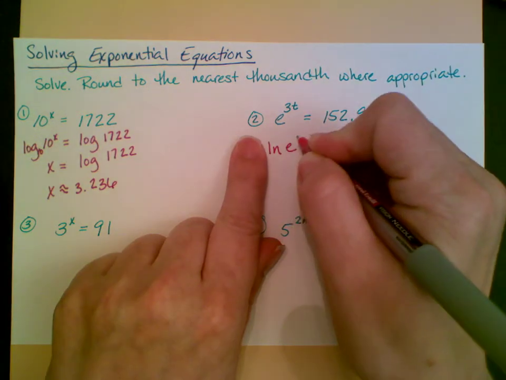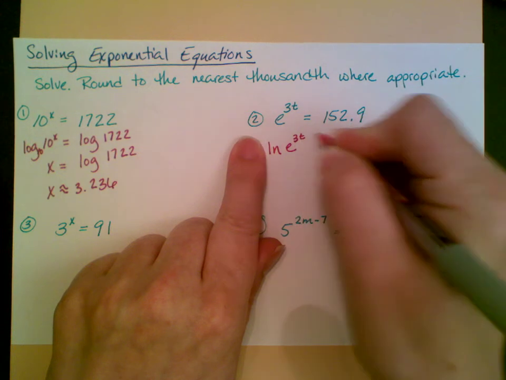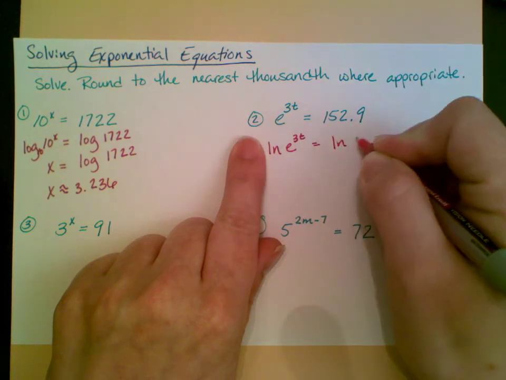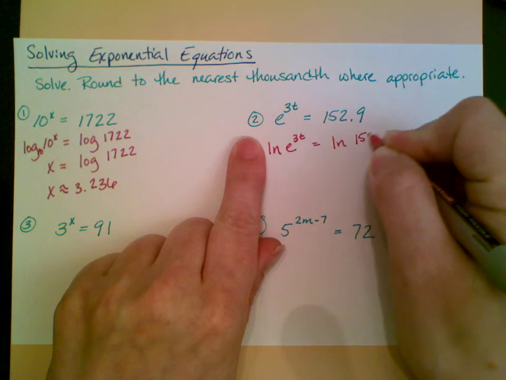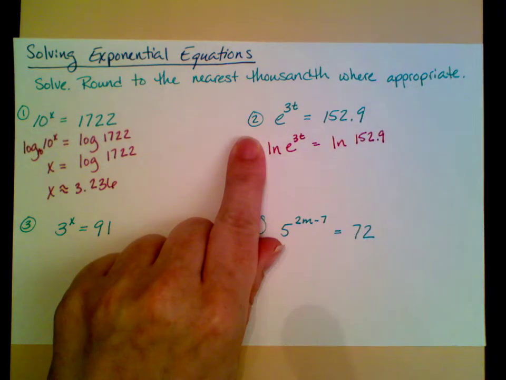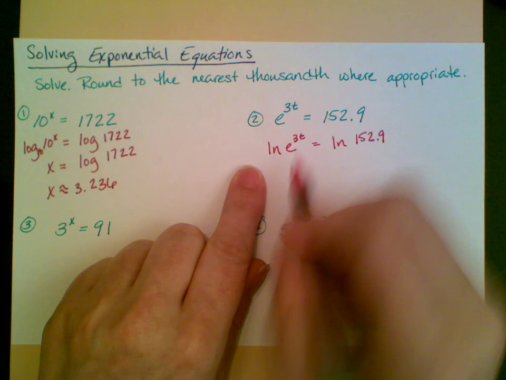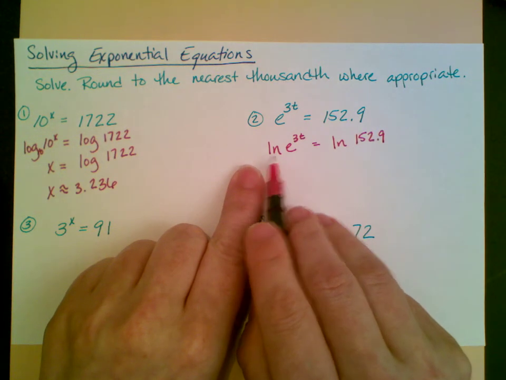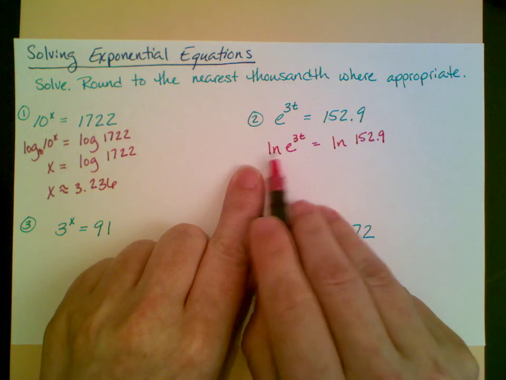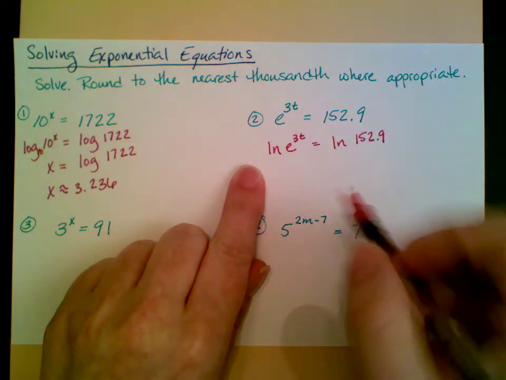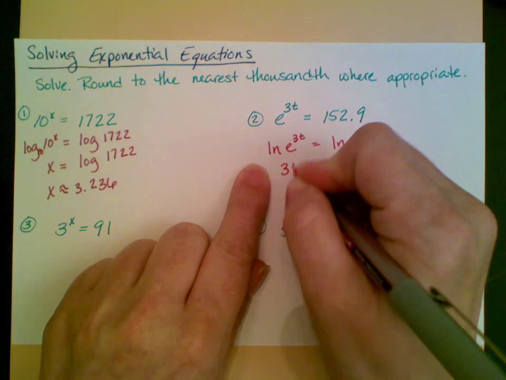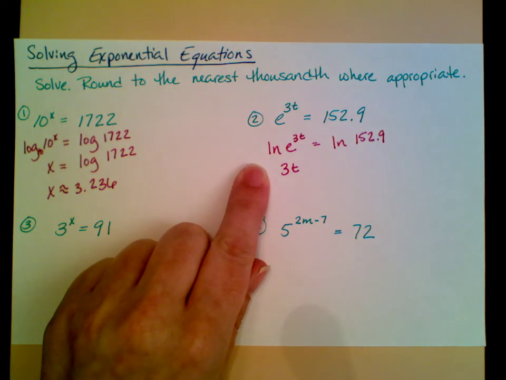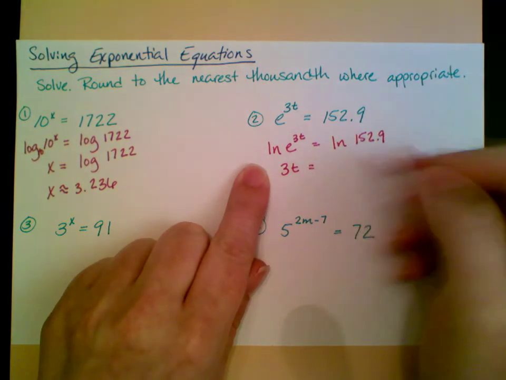So I've got the natural log of e to the 3t is equal to the natural log of 152.9. And remember, ln is really just another notation for log base e. So log base e of e to the 3t is equal to 3t by that same property, property C on our properties list.